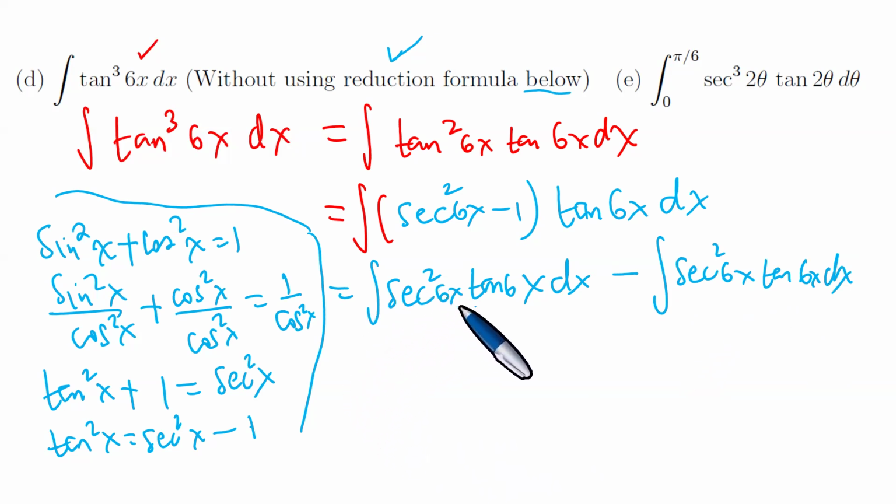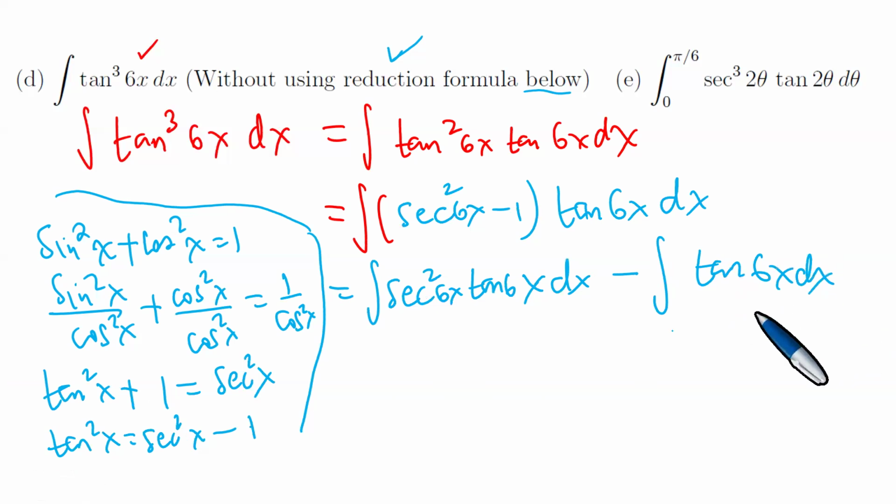Now, if you let u be the tangent, then the derivative of the tangent is the secant squared. If you check the multiplication, this must only be the tangent, so this one is only going to become the tangent of 6x dx.